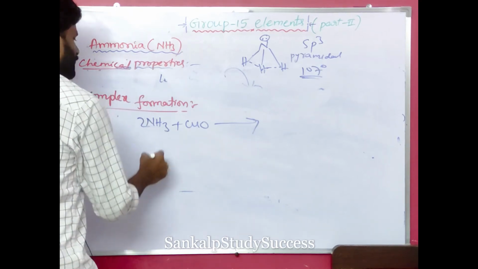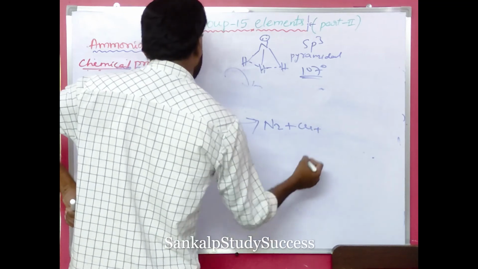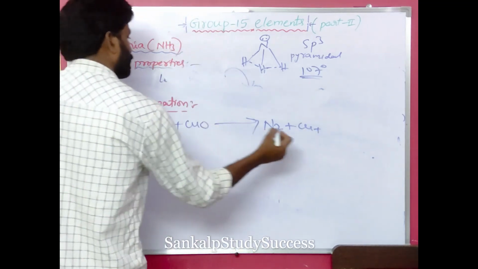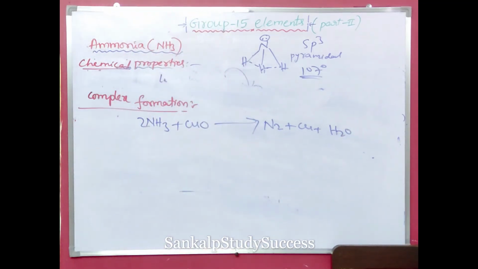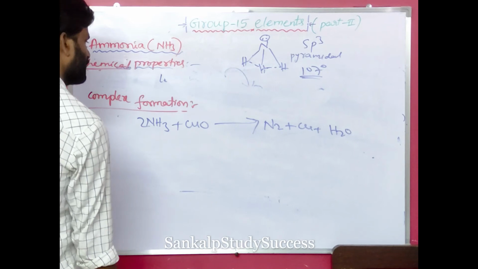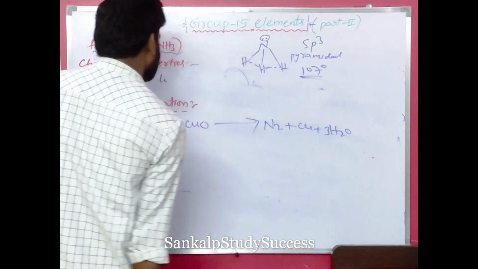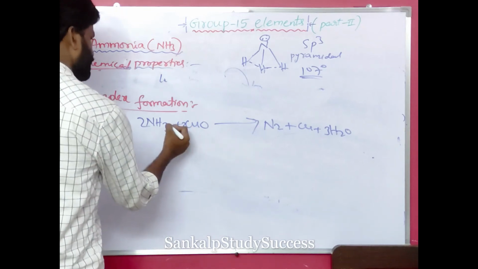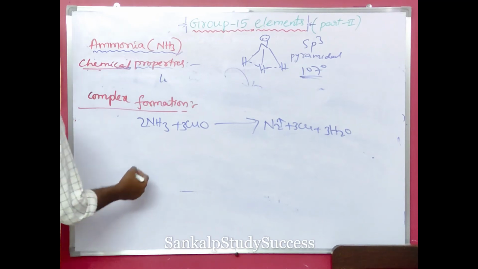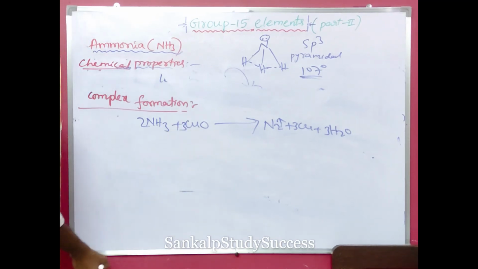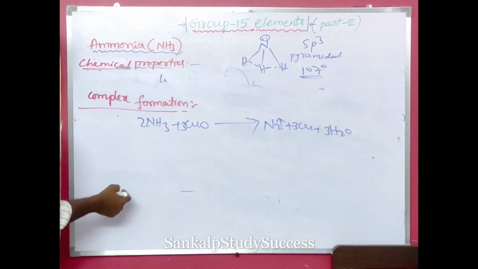Here nitrogen gas is evolved, H2O is obtained. In this reaction, right, this reaction can be balanced: 6 hydrogens, that means 3H2O. 3H2O means 3CuO, here 3Cu, right? Here CuO acts as an oxidizing reagent, and ammonia acts as a reducing reagent, right?